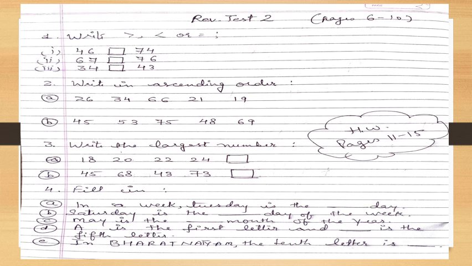Children, here some numbers are given. So you have to find out which is the largest number among these numbers and you have to write it in the box. Now children, question 4, some fill in the blanks are given and you have to fill the blanks.